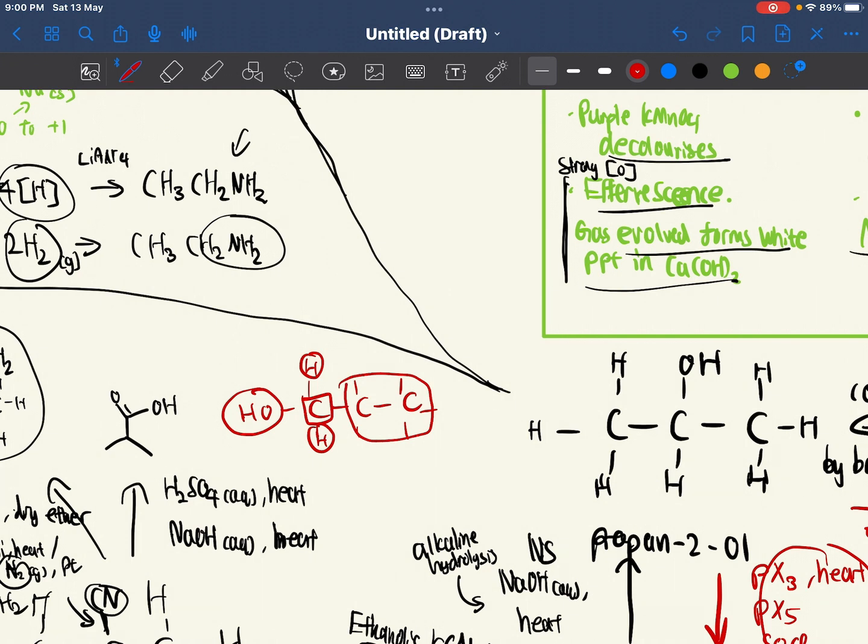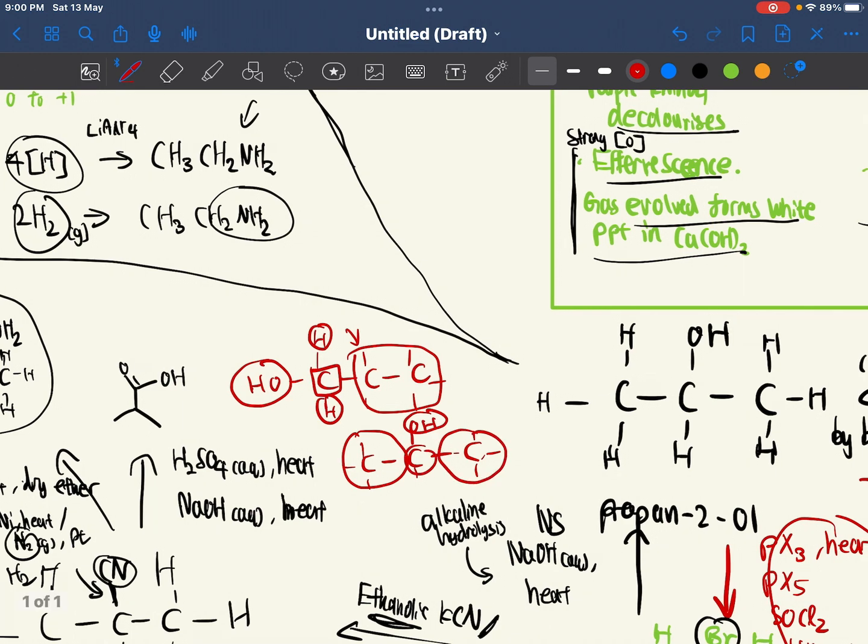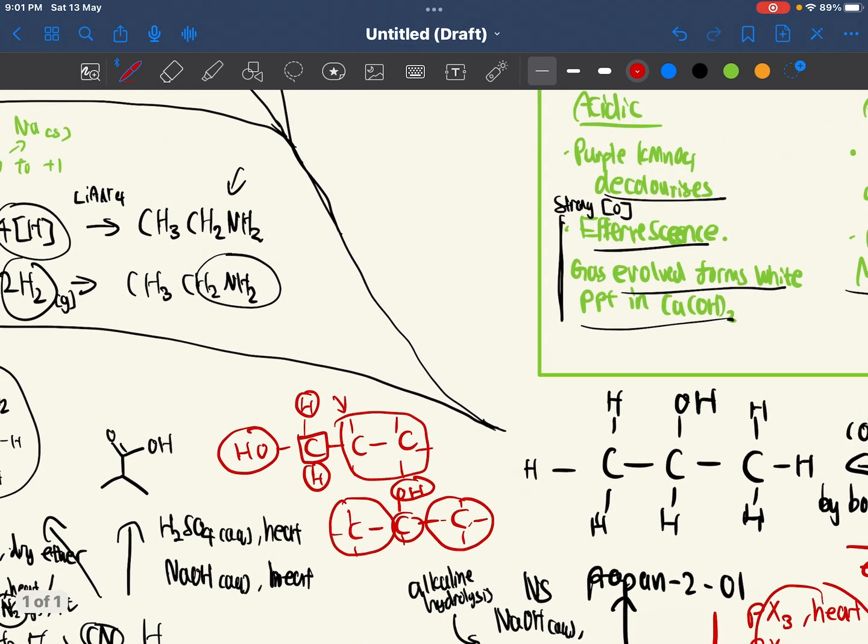The rule of thumb is that as long as my carbon is bonded to one alkyl group, then we know that it is a primary alcohol. When we talk about a secondary alcohol, for example, our alcohol group is bonded to the second carbon over here. Why is it a secondary alcohol? Because there are two alkyl groups bonded to this carbon. Then what is a tertiary alcohol? We use the same example again, but now I have this.